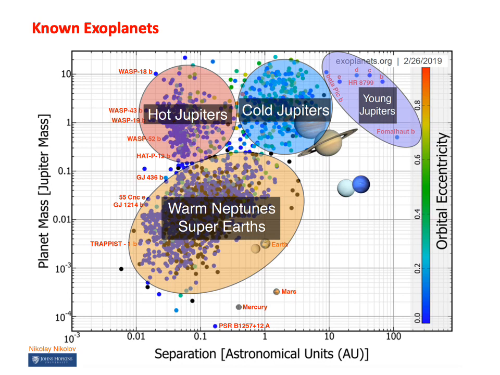Here's another similar diagram in which a colleague of mine has marked the planets by our general categorizations. We have hot Jupiters, cold Jupiters, young Jupiters, and warm Neptunes and super Earths, effectively.